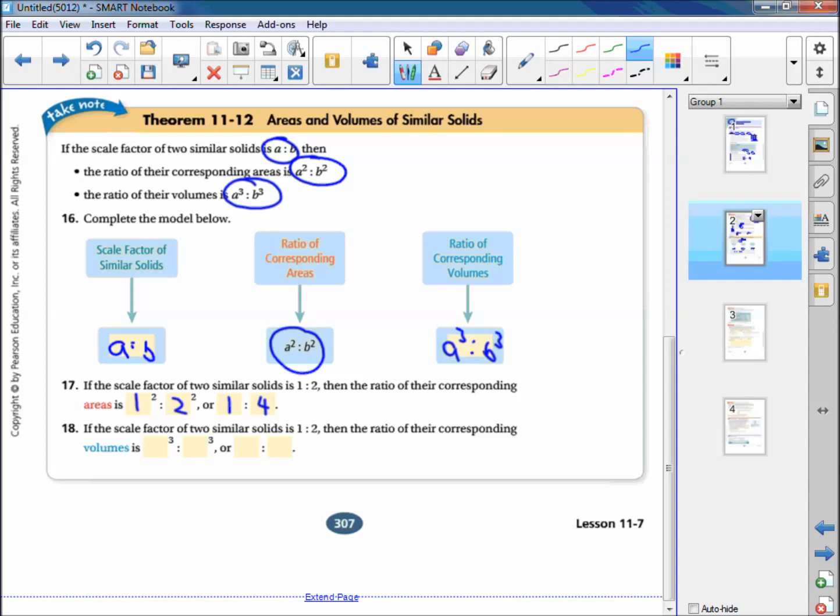So here we have 1 to 2, and now it's going to be 1 to 4, 2 squared. If the scale factor of two similar figures is 1 to 2, then the ratio of their corresponding volumes is going to be 1 cubed to 2 cubed. So now it'll become 1 to 8. So the left and right was 1 to 2, and now the volume becomes 1 to 8 for those same figures.